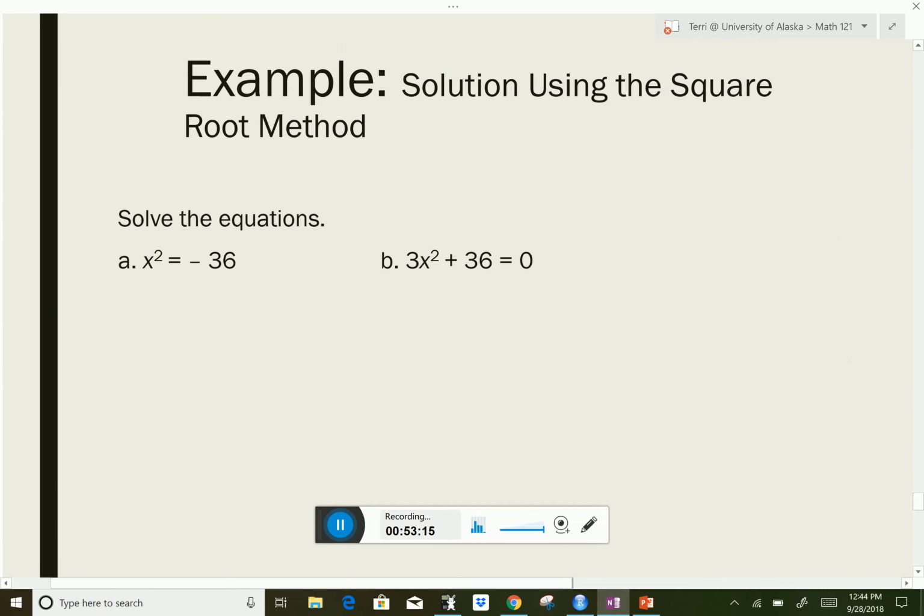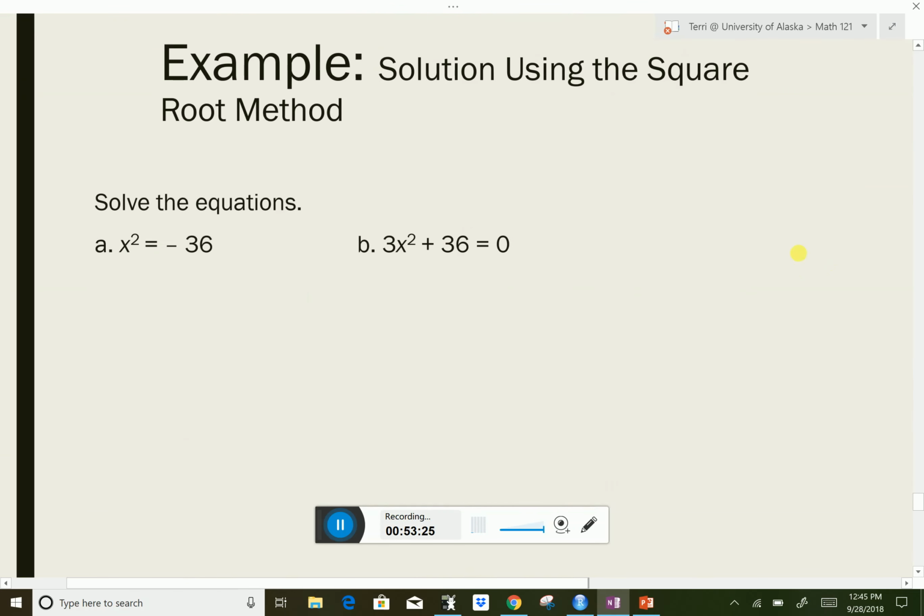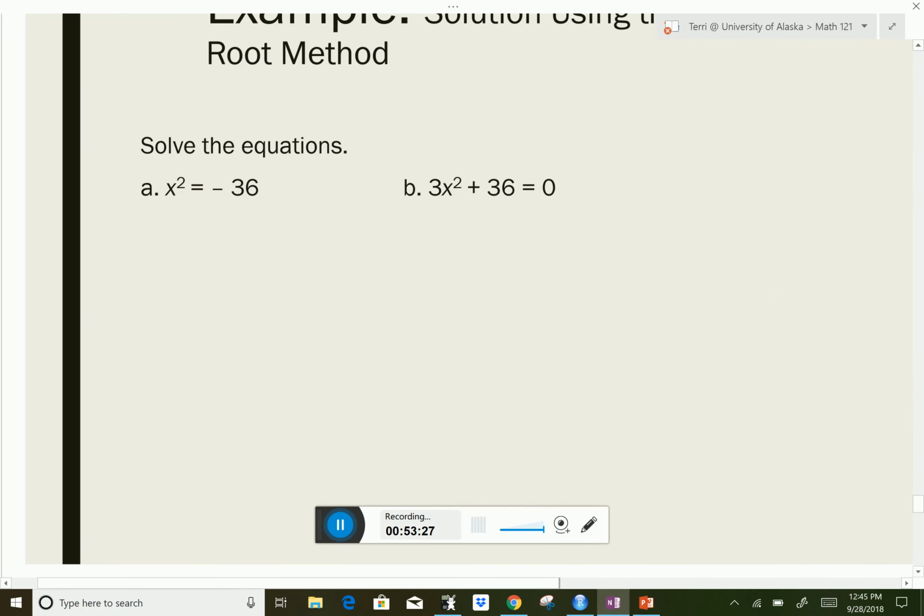So let's talk about the square root method a little bit. That's odd that it didn't mention this one. The square root method also works for this. But looking at these two equations, x squared equals negative 36. So x is equal to plus or minus the square root of negative 36.